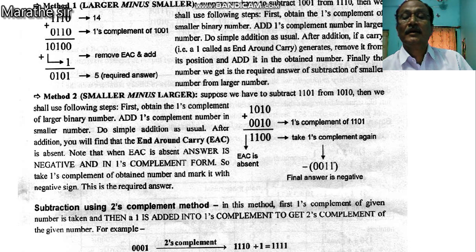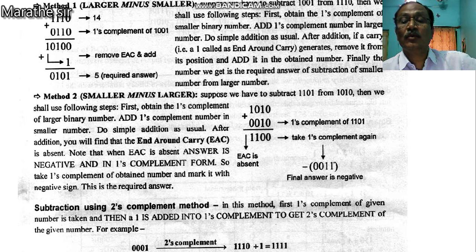Here, in the example, 1010 is the decimal number 10, and from that number we are subtracting the number 1101.